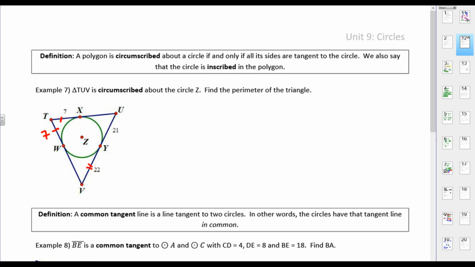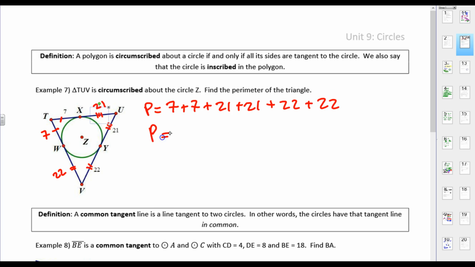And if this is 22, this piece here is also 22. And if this is 21, this piece here is also 21. You've got 3 party hats coming off of this. So my perimeter of this thing is going to be 7 plus 7 plus 21 plus 21 plus 22 plus 22, which when I add all of those together gets me 100 units as my perimeter.